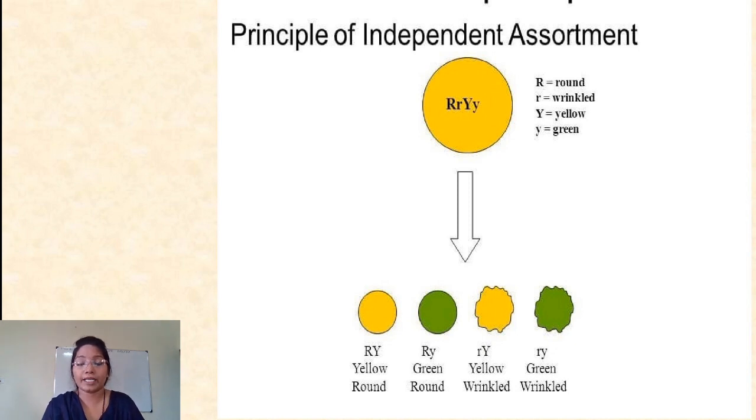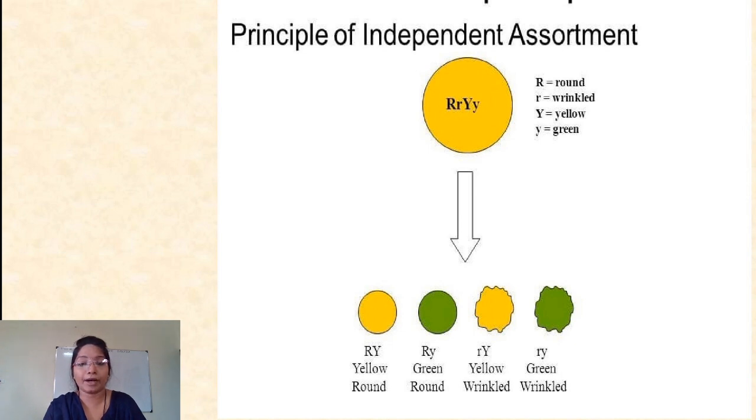For example, in this example we have taken two characters, seed color and seed shape. For seed shape, capital R is for round and small r for wrinkled; for seed color, capital Y for yellow and small y for green. In the F1 generation, these four genes remain together.